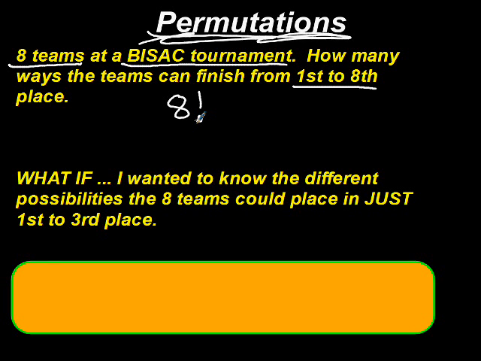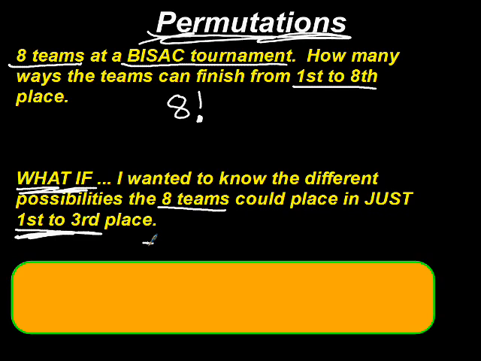Okay, but how could I do it if we have a different situation? This is the new way. What if we have only first to third place to be considered? So what if I wanted to know the different possibilities that 8 teams could place in just first to third place? So we have 8 different teams, and I want to only choose 3 teams out of those 8, but how many different combinations of those 8 teams could be in those 3 places?